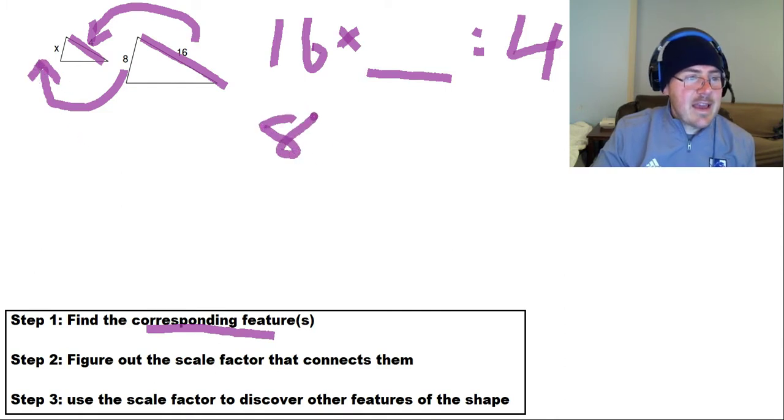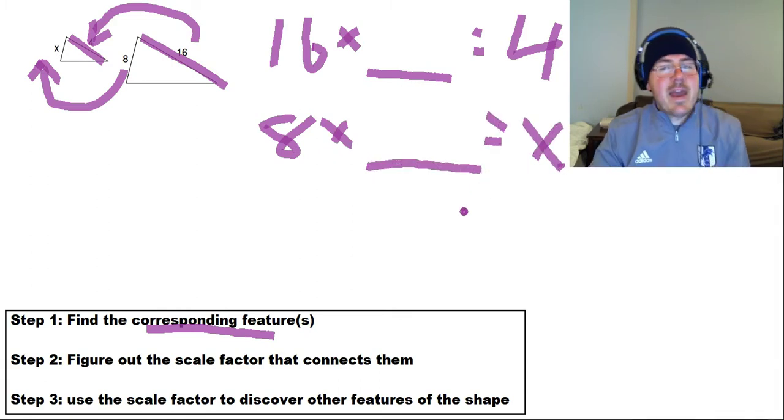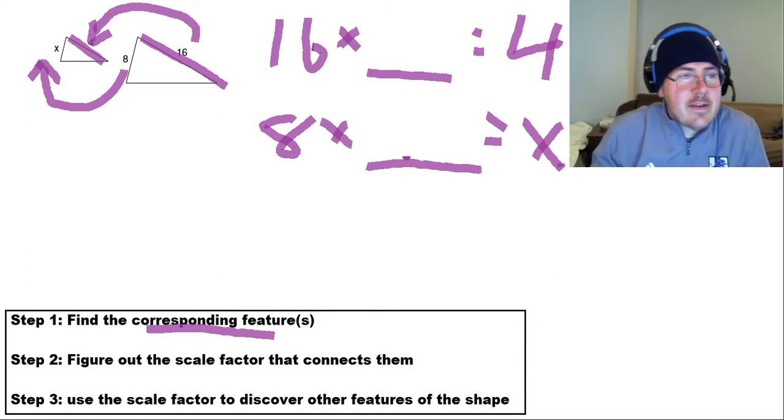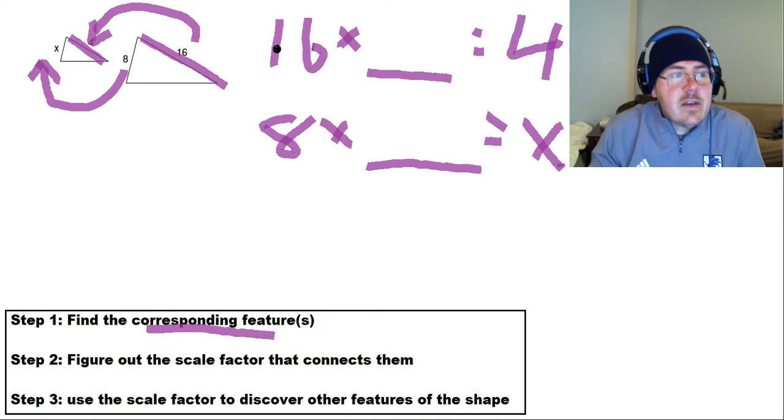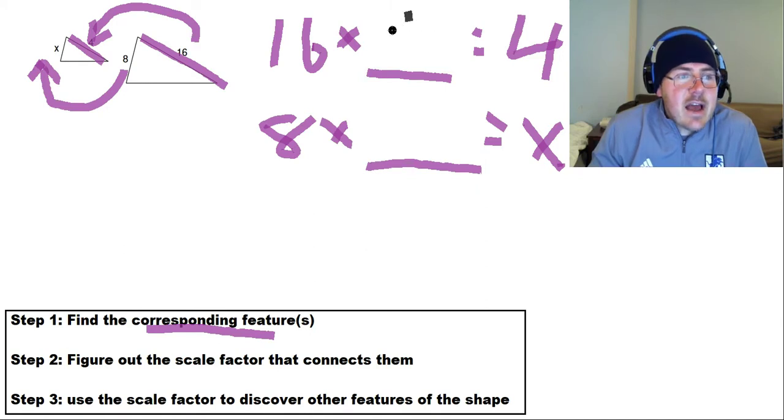So that means that 8 times this thing is going to equal x. 16 divided by 4 is 4, so therefore to write it as a multiplication problem, I would say 16 times 1/4 is 4.